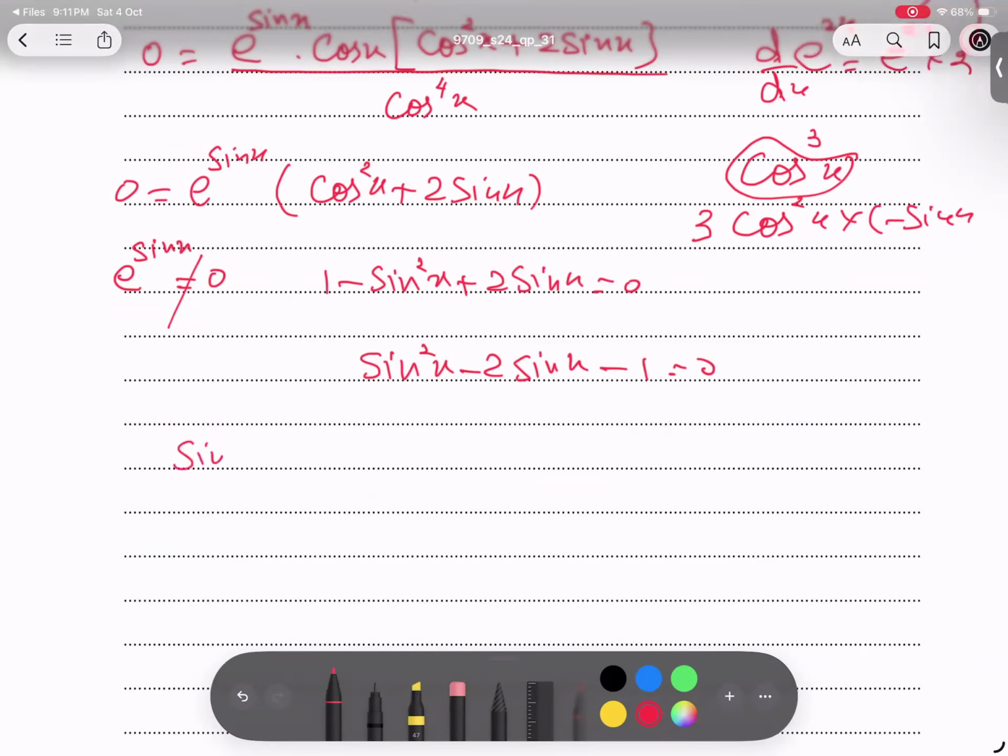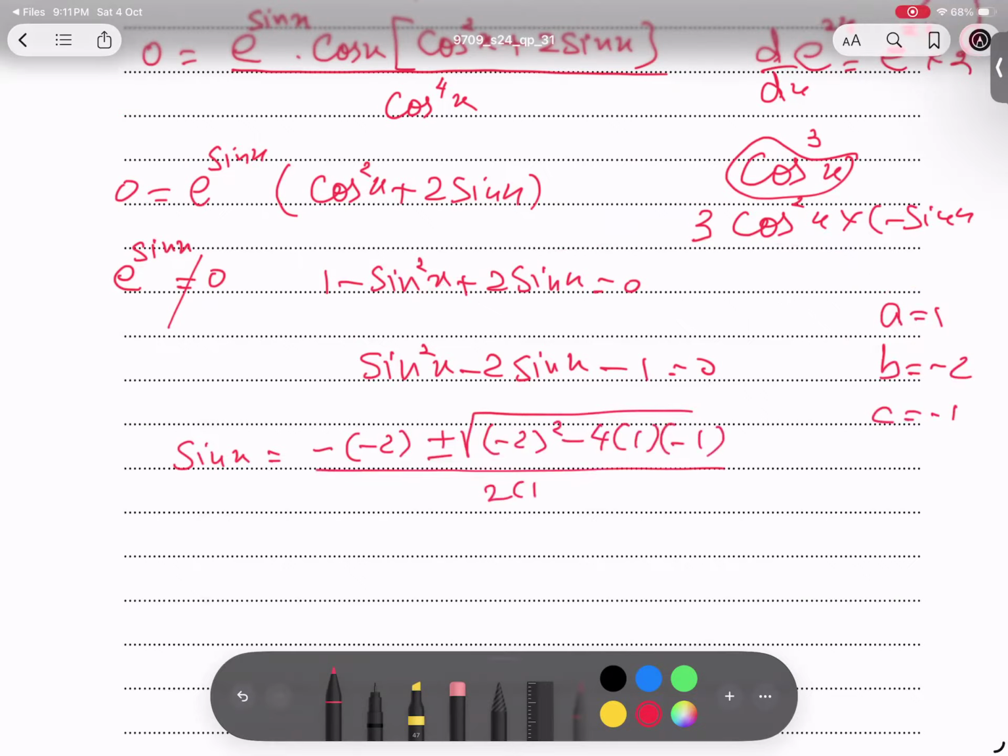So I'm writing here sin x. And what is the a value, student? All of you are familiar, a value is 1. And the b value is -2. And c value is -1. So the formula is negative b plus and minus root of b square minus 4ac, by 2a. Okay, so let's try to complete 2 plus and minus.